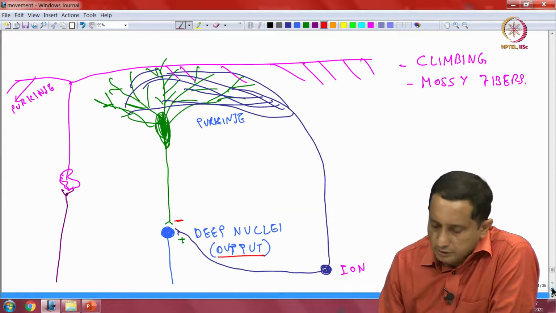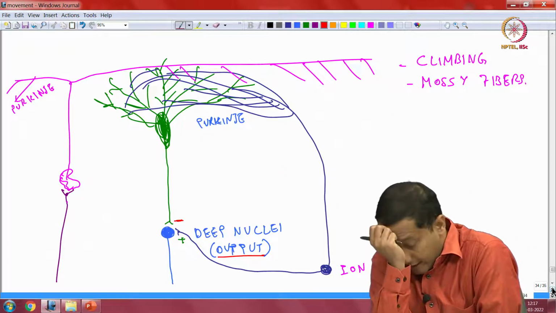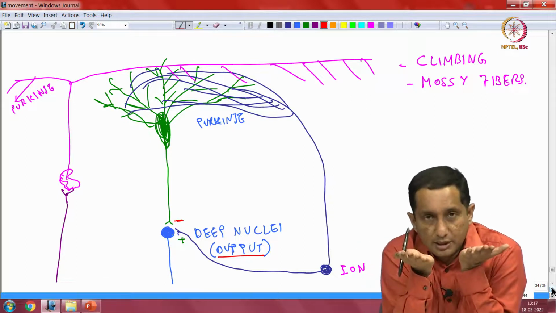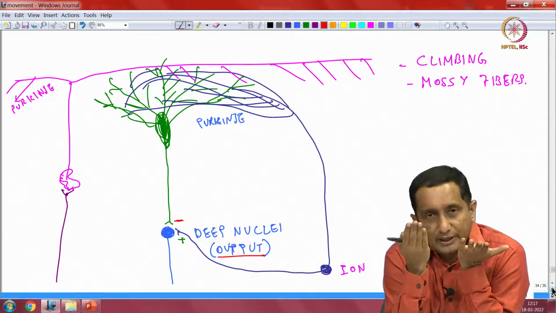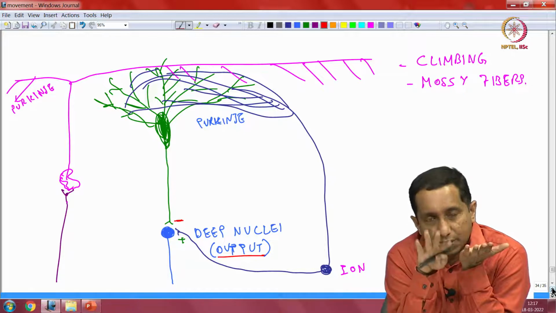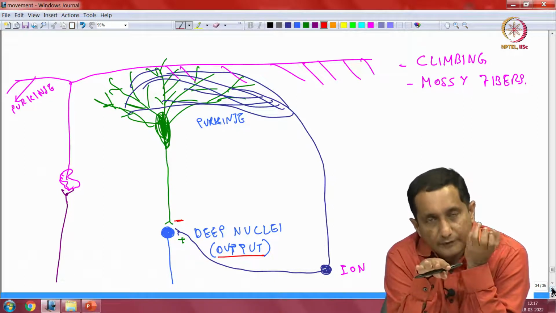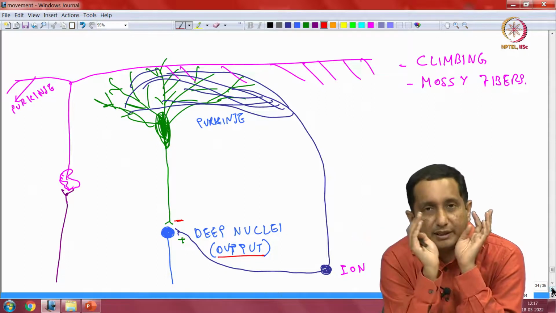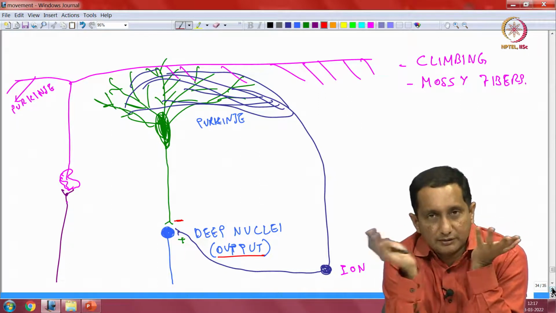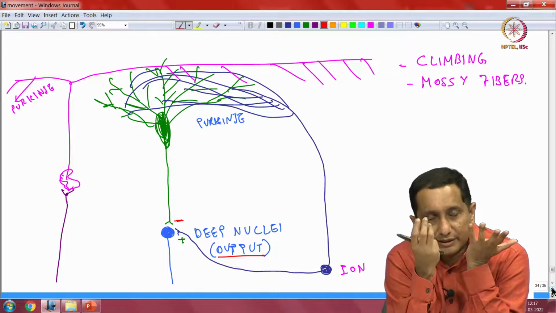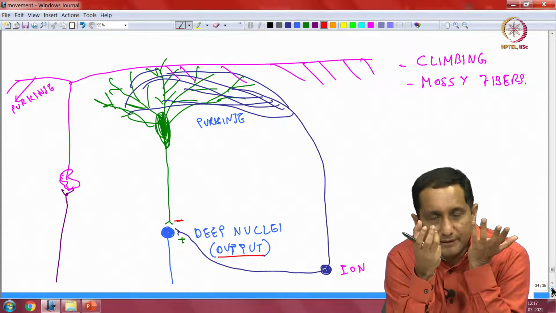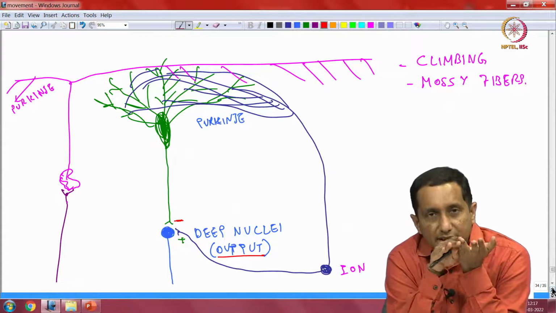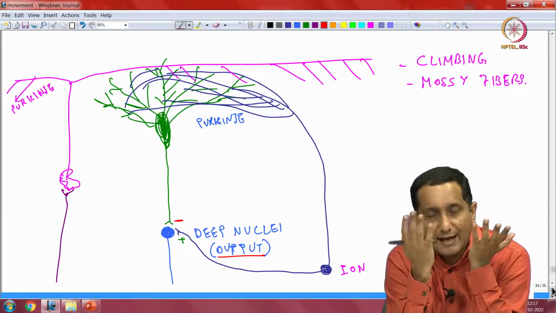So, this is a mechanism in which you get information from two sources. One goes specifically to a cell and reduces the input, the other one spreads, there is a local spread in that region, because wherever this fiber goes, it gives a little bit of stimulation to the Purkinje cell. So, there are two sources which converge onto the Purkinje cell. It averages this signal.